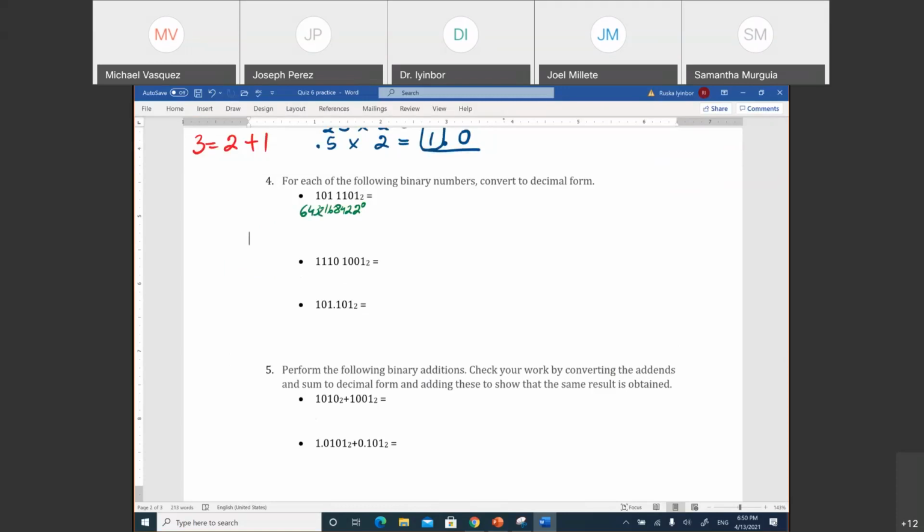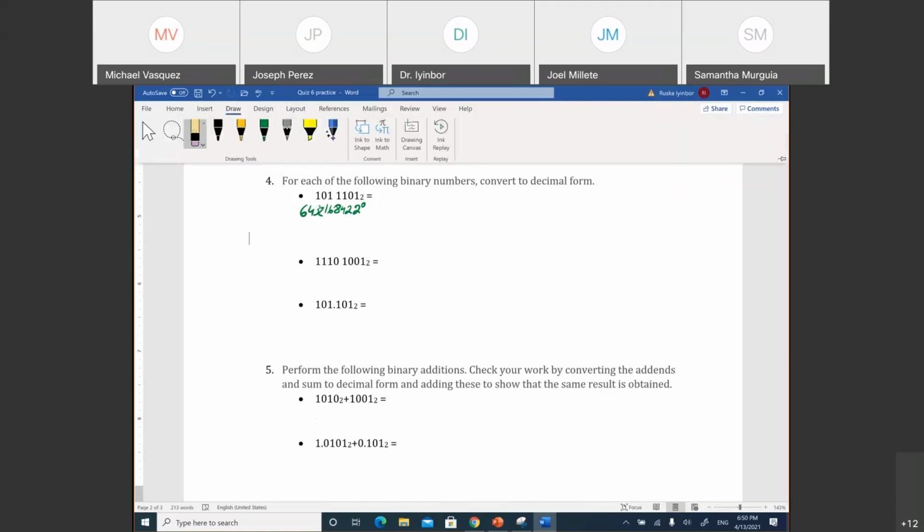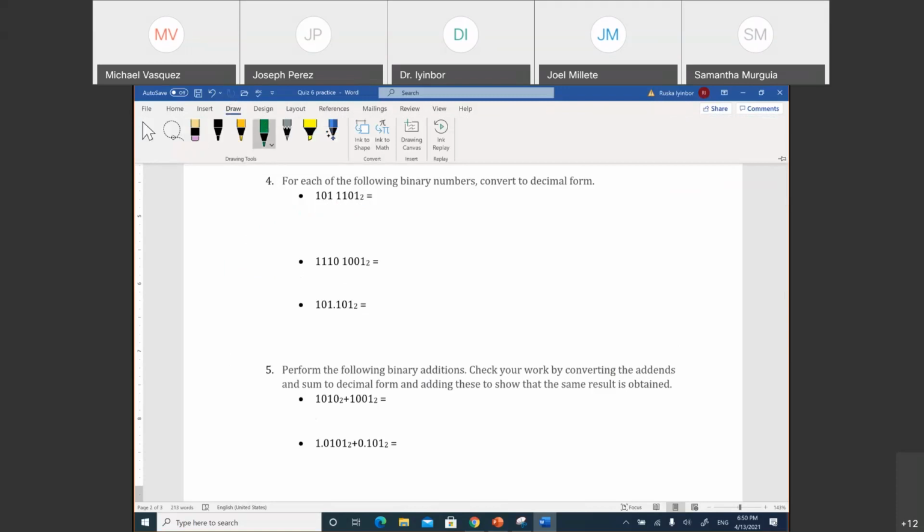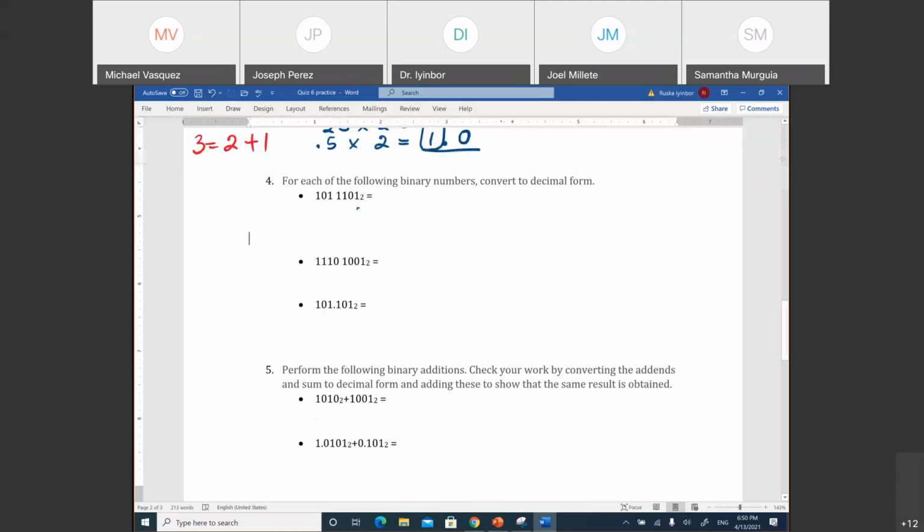That's what you have. It's kind of squeezed. Let me write it better. Okay, so you start with 2 to the 0. The last one here is 2 to the 0. Then you have to the first, to the second, third, fourth, fifth, sixth. 2 to the 6 is the last one. So you start from 2 to the 6 and end at 2 to the 0.